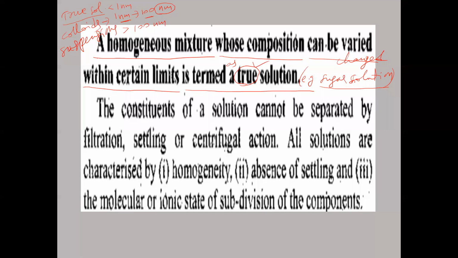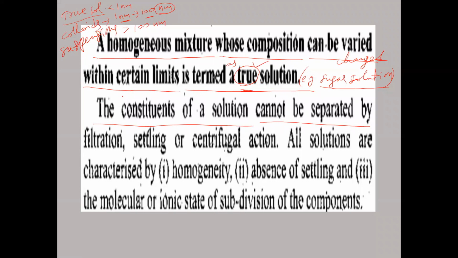Sugar and water are thoroughly and homogeneously mixed. That's why we cannot identify sugar particles and solvent particles. So it is a homogeneous mixture, sugar solution. Sugar solution, salt solution, all these are true solutions.